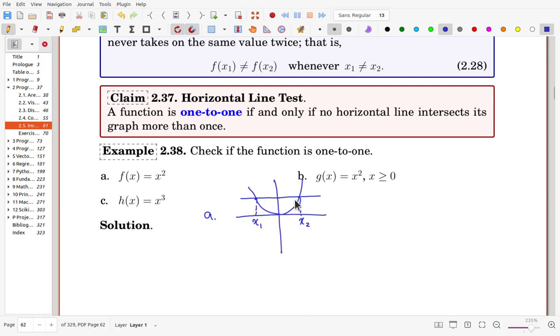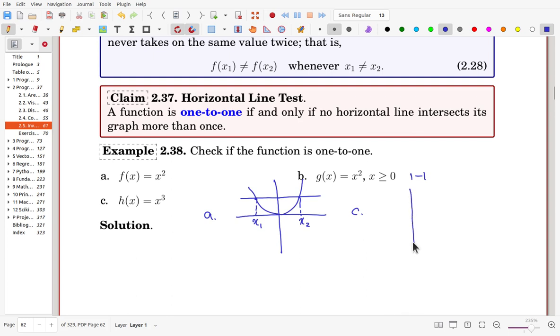From the horizontal line test, we see easily that the horizontal line here intersects the graph twice. Now in B, if we restrict to only the non-negative part, then any horizontal line will meet the graph only once, so this is one-to-one. Right? Now how about that one? Let h of x be x cubed.